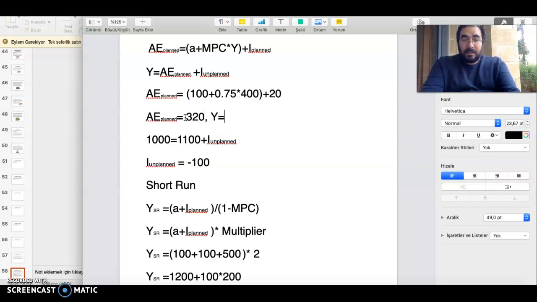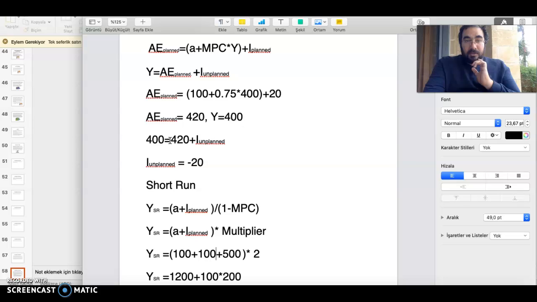This was 400. I'm sorry, planned aggregate spending is 420. I add to 300 120. So output level is 400. So basically, this is 400. This is 420, and this will be minus 20.